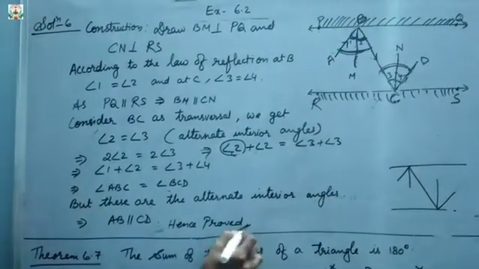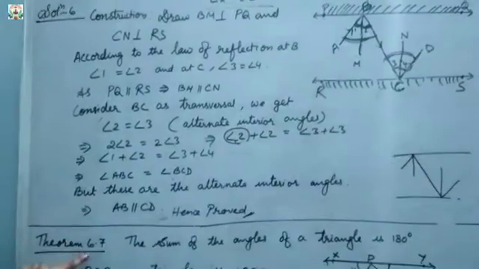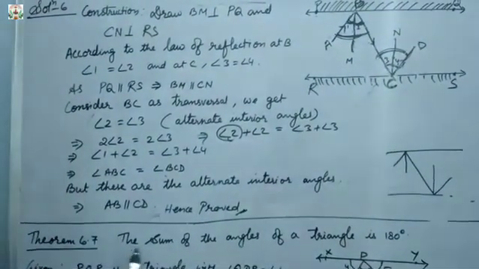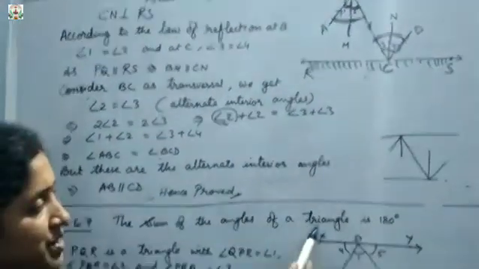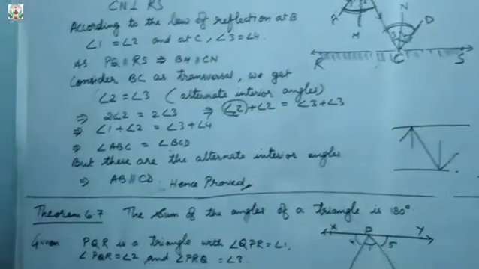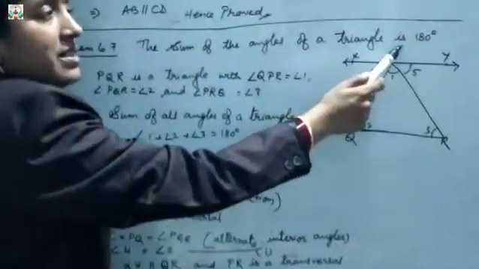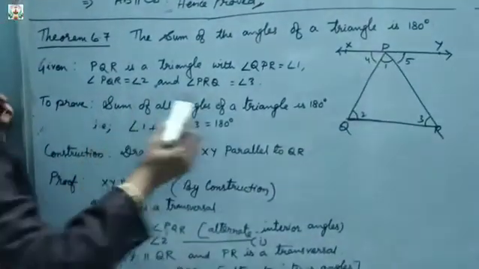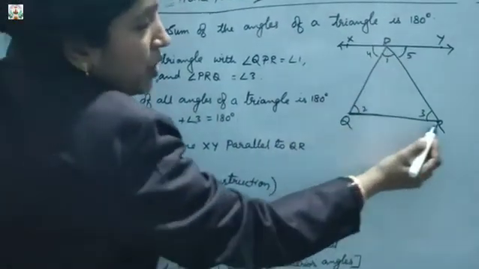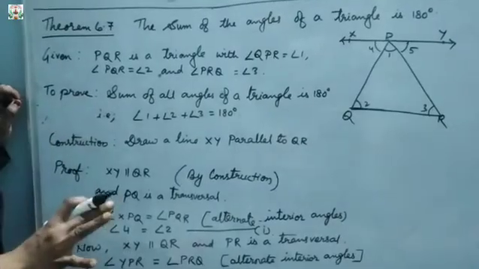Okay, now next is theorem 6.7. It is given that the sum of the angles of a triangle is 180 degrees. You have to prove this: the sum of angles of a triangle is 180 degrees. Let PQR be a triangle.